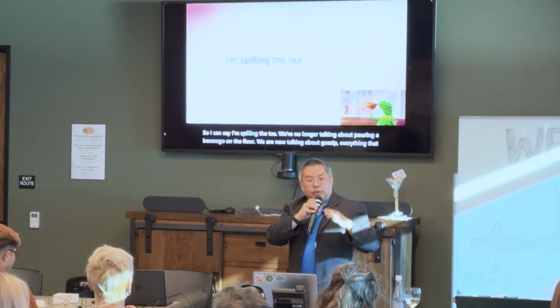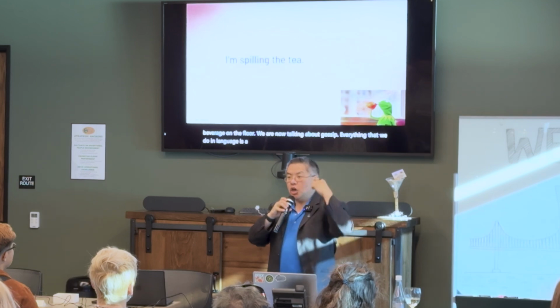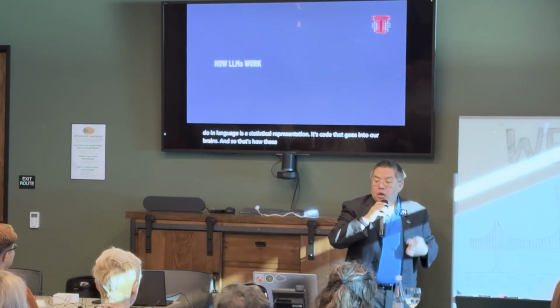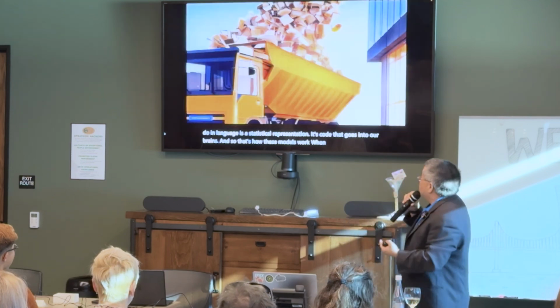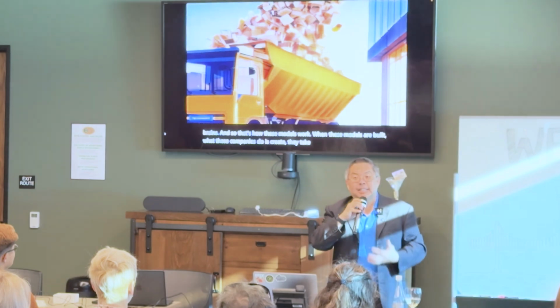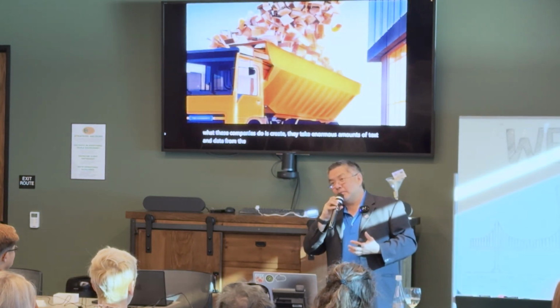Everything that we do in language is a statistical representation. It's code that goes into our brains. And so that's how these models work. When these models are built, what these companies do is they take enormous amounts of text and data from the internet. They may or may not have permission to do so.